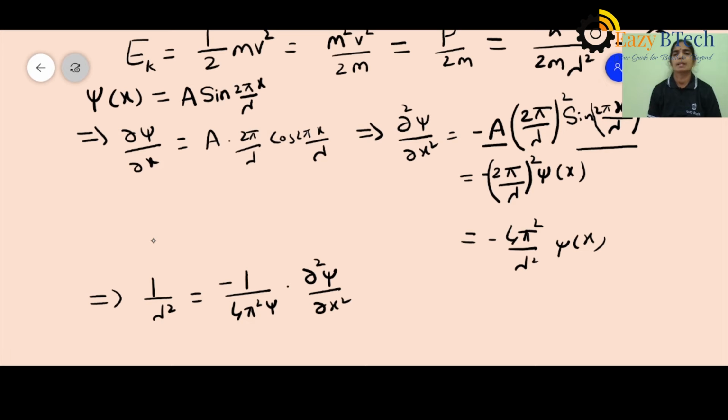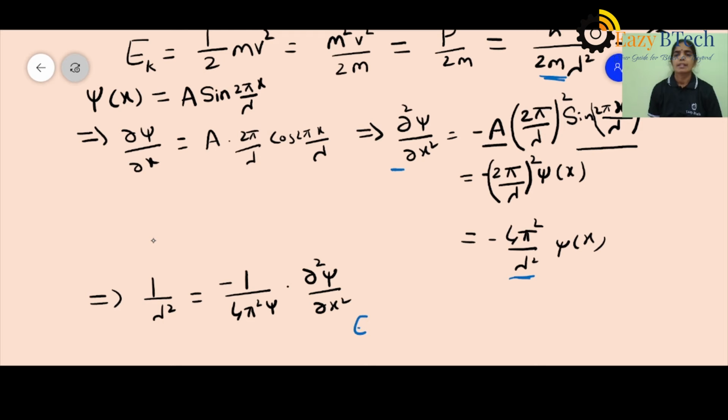This minus 4 pi square by lambda square is taken onto the LHS. So we get 1 by lambda square equal to minus 1 by 4 pi square psi into dou square psi by dou x square. Now we will substitute this 1 by lambda square in the expression of kinetic energy, equation 1.